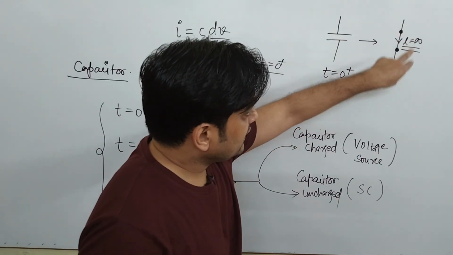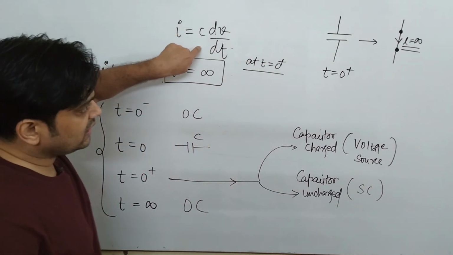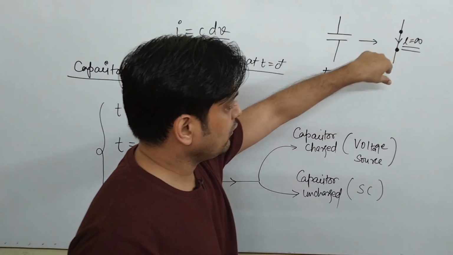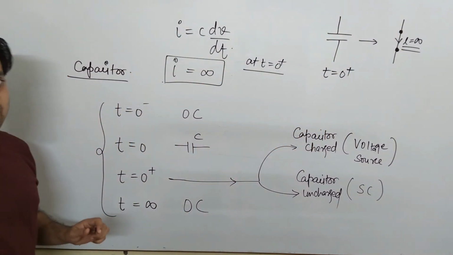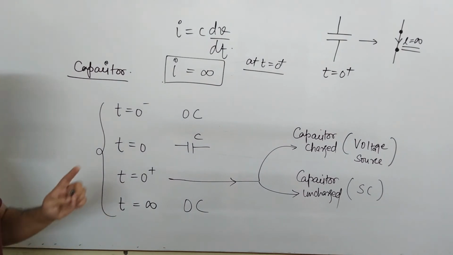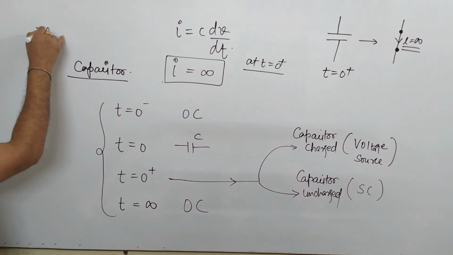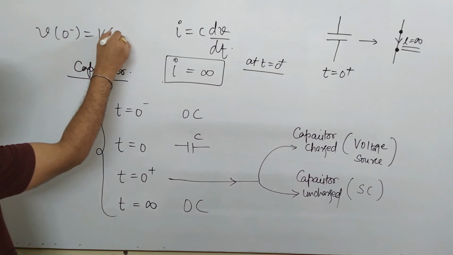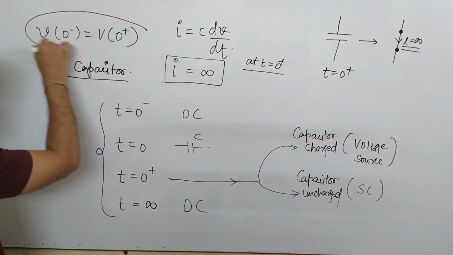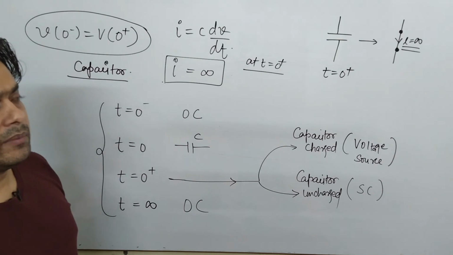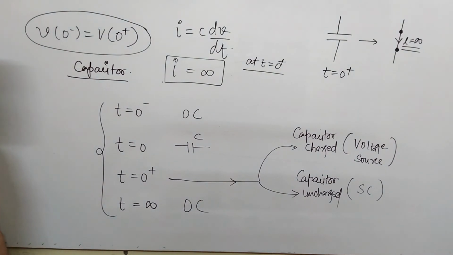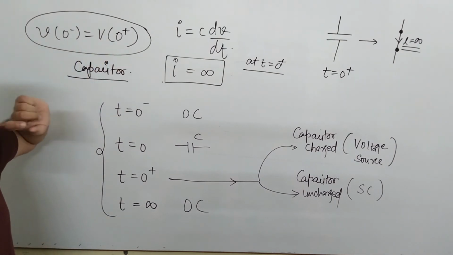That means if the capacitor is initially uncharged, an infinite current will flow. However, that is ideally not possible, and only because of that I mentioned that V(0 negative) and V(0 positive) are equal. Very important thing. Why? Because an instantaneous or abrupt change of voltage across the capacitor is not possible, and that's why V(0 negative) and V(0 positive) are equal.